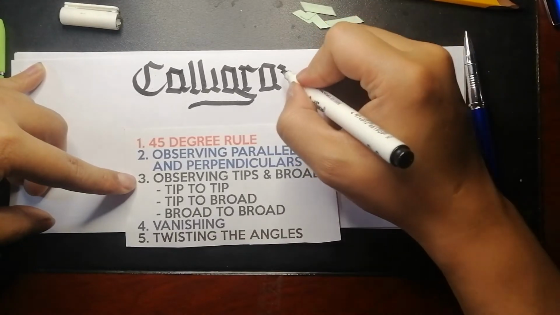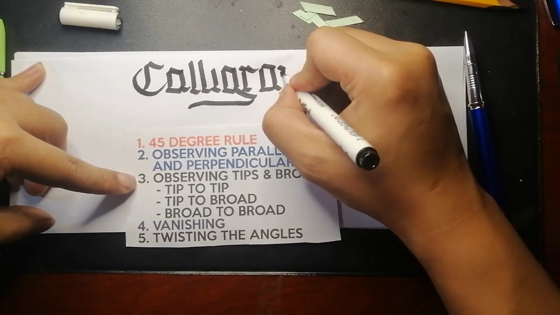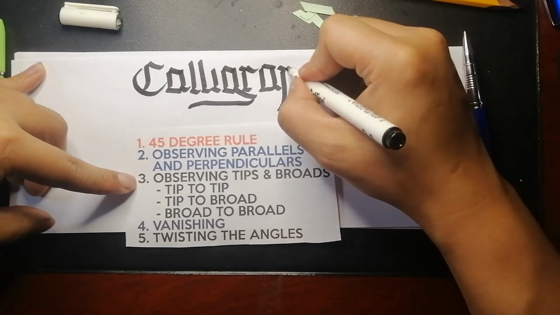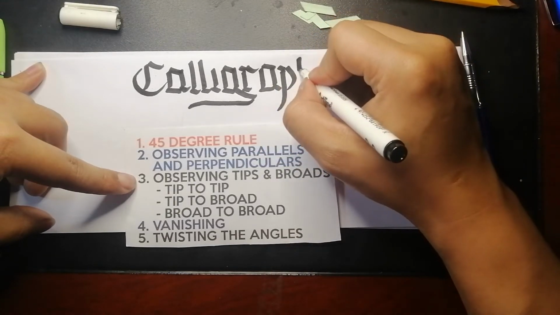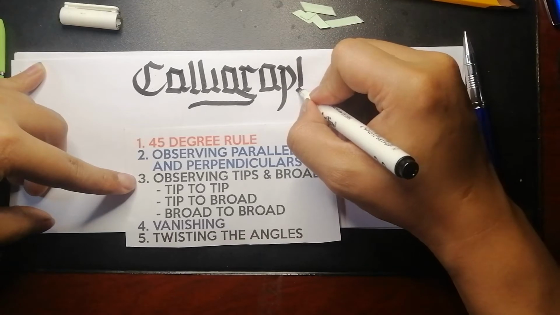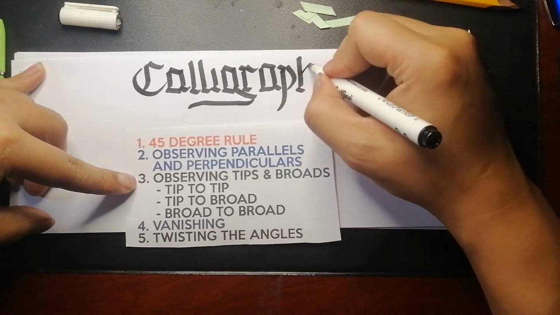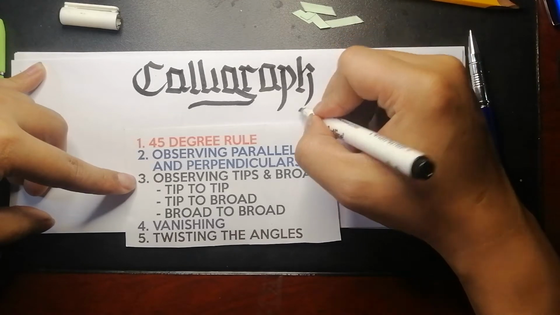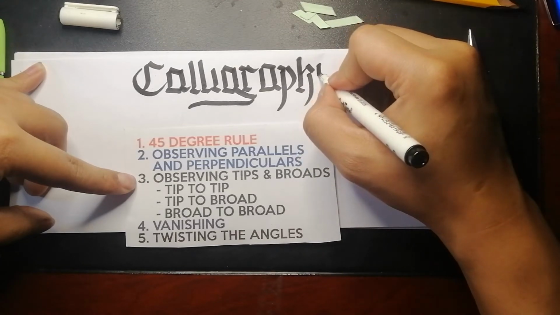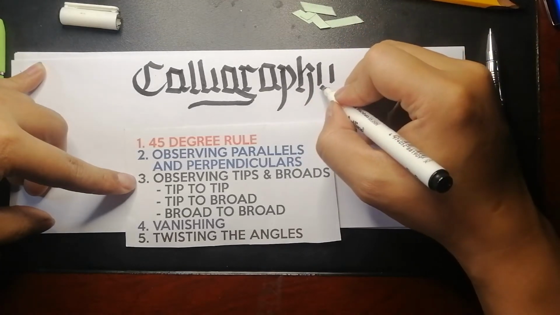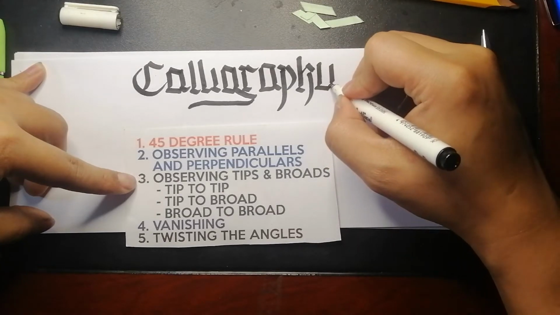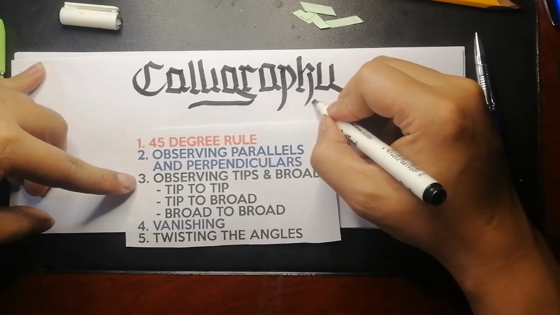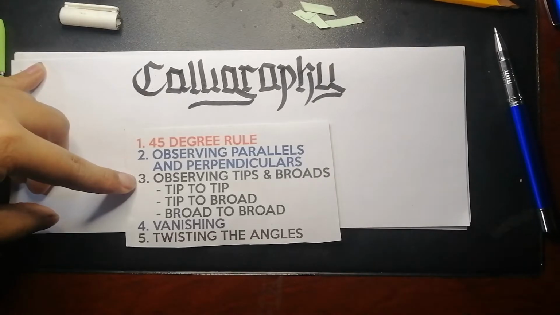So medyo bilisan ko na para makaproceed tayo sa next. Vanish, so vertical, small line vanish, slide, diagonal, tip to tip, vanish, and then vertical, tip to tip, diagonal, and then vanish, tip to tip.